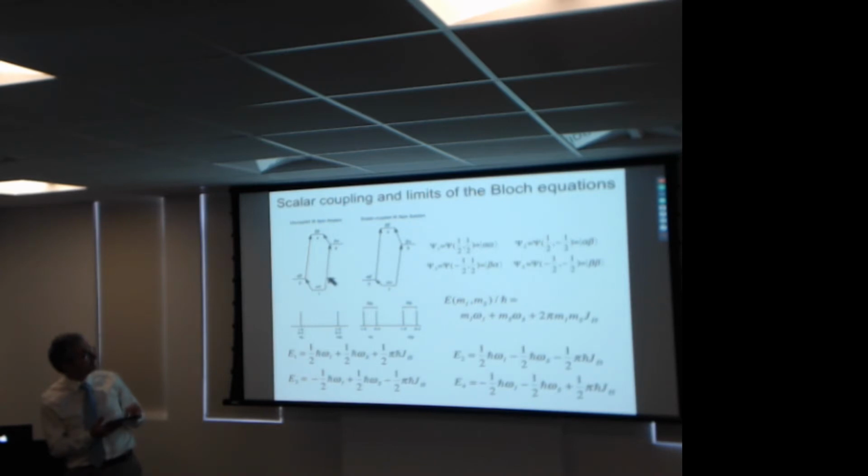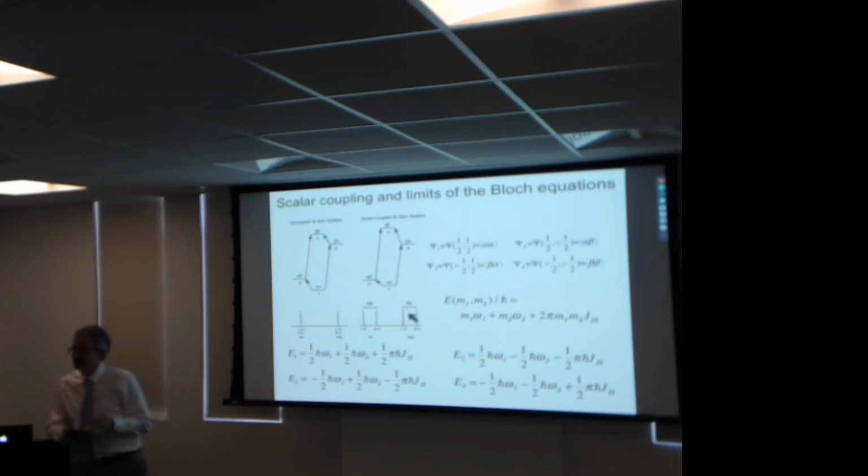So instead of this energy being identical to this energy, now this energy becomes smaller than this energy. These resonance lines over here that were doubly degenerate now split into pairs of multiplets.